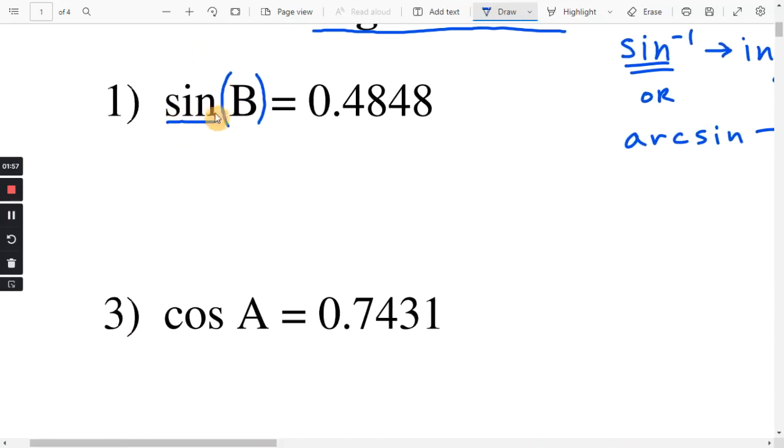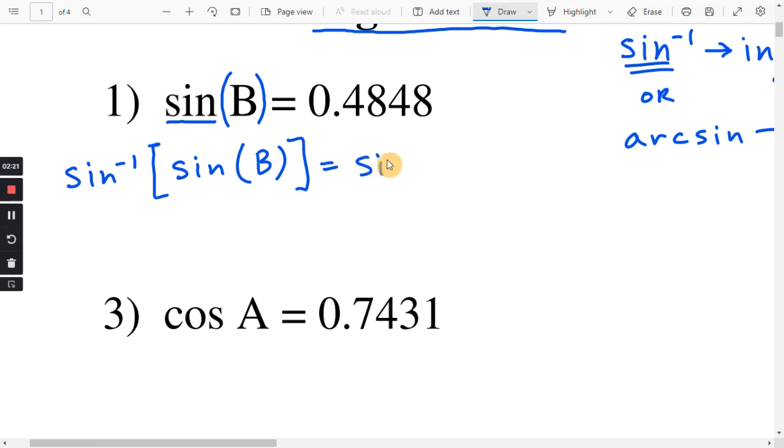So we have sine of B, and I'm going to take the inverse sine of it, and I'm doing this to both sides, so I'm also going to take the inverse sine of 0.4848.